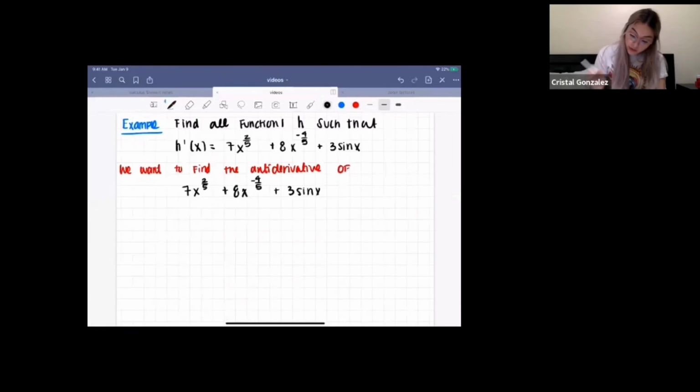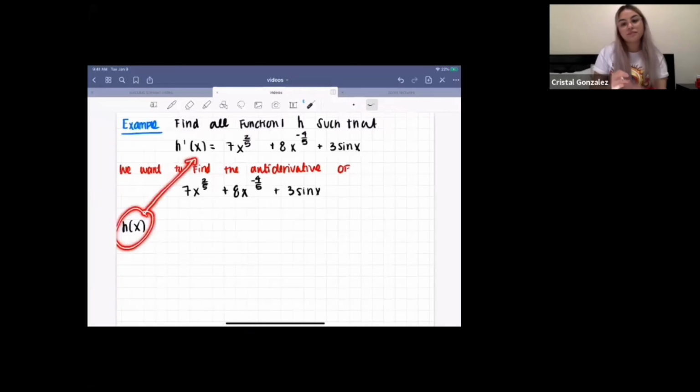Okay, so that means that we are looking for h of x, so that when we take the derivative of h of x, we get this over here. So hopefully we're all understanding that.